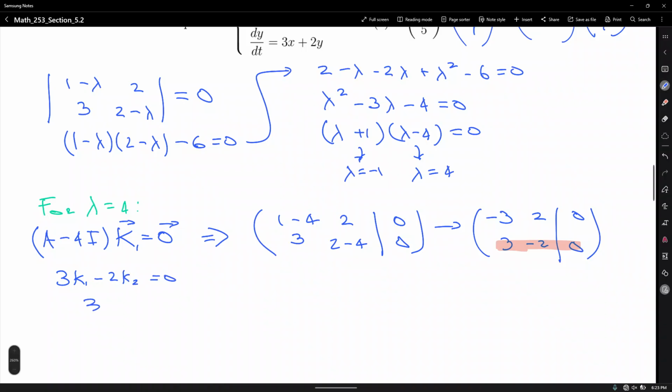So 3k1 equals 2k2, so k1 equals 2/3 k2. What would be your favorite value for k2 this time? 3. Let k2 equal 3. k1 equals 2 divided by 3 times 3, which is 2. What's the eigenvector?